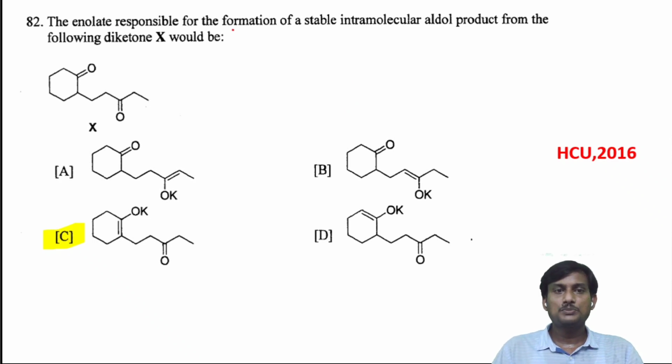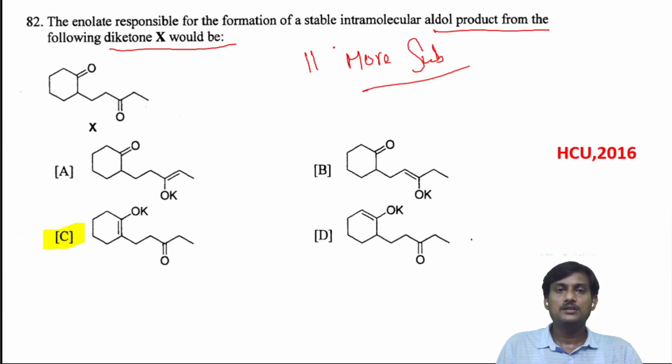The enolate responsible for the formation of a stable intramolecular aldol product from the following diketone will be... In aldol reaction, there is a formation of enolate, stable enolate. The enolate which contains a more substituted double bond will be stable.